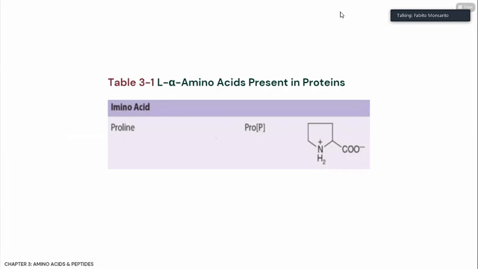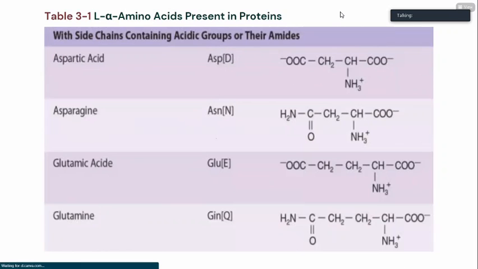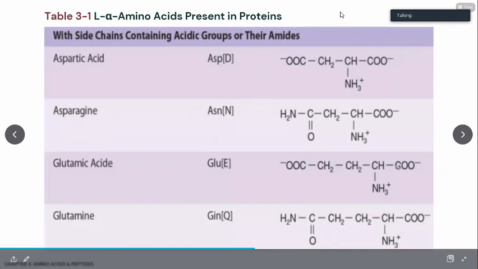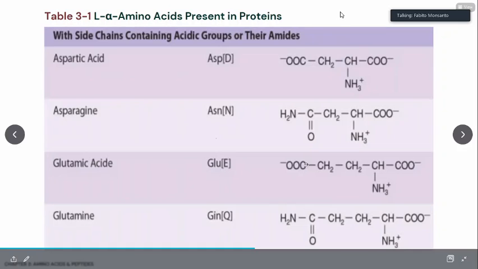You have an amino acid that we mentioned already that has 5 carbon atoms: 1, 2, 3, 4, 5. Glutamic acid. Now, this carboxyl group reacts with the amino group here, so they will form a ring. And that is now proline.